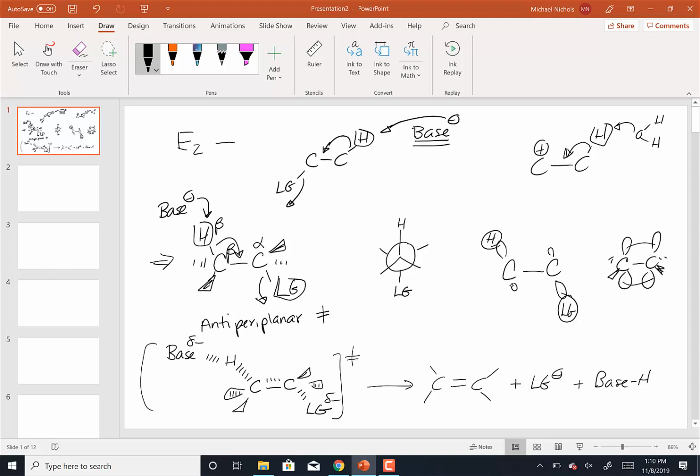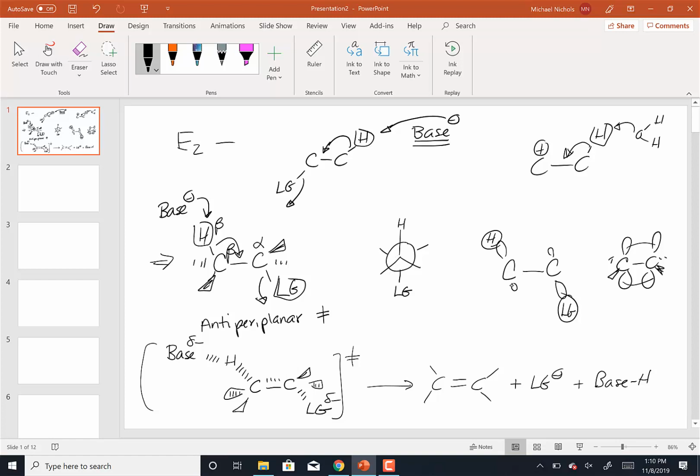Okay, so as the base comes in and grabs the hydrogen, the orbitals will swing over. So the orbitals will swing over, they'll begin to sort of even themselves out, and then once they become parallel to each other, they'll form the double bond.